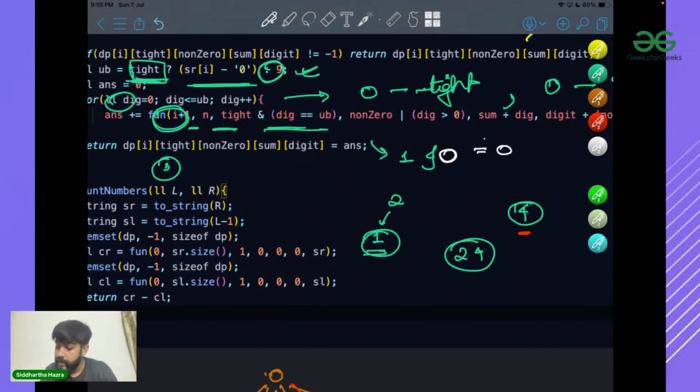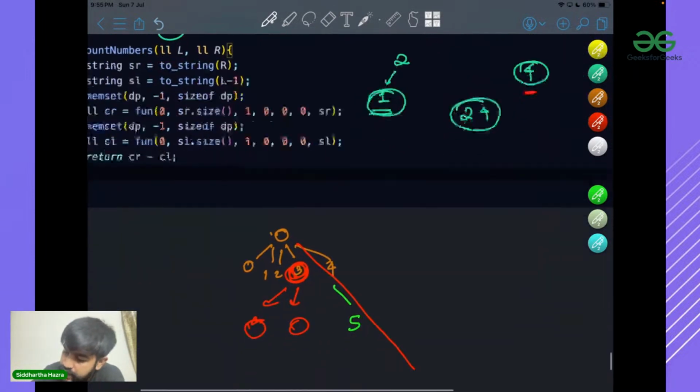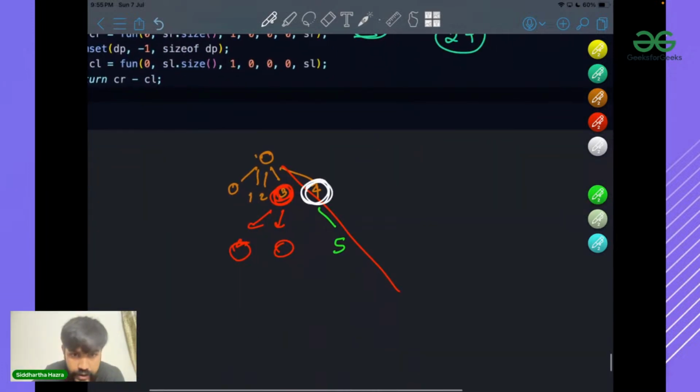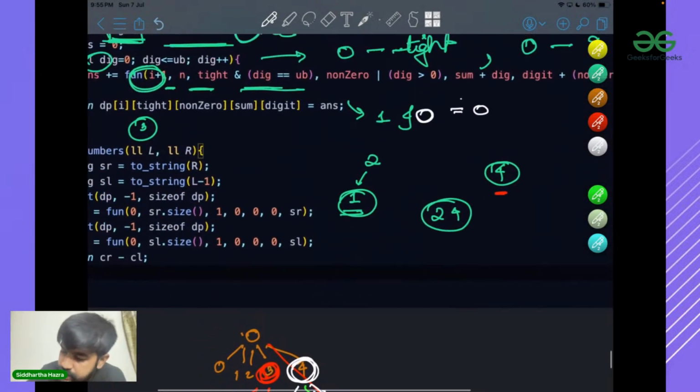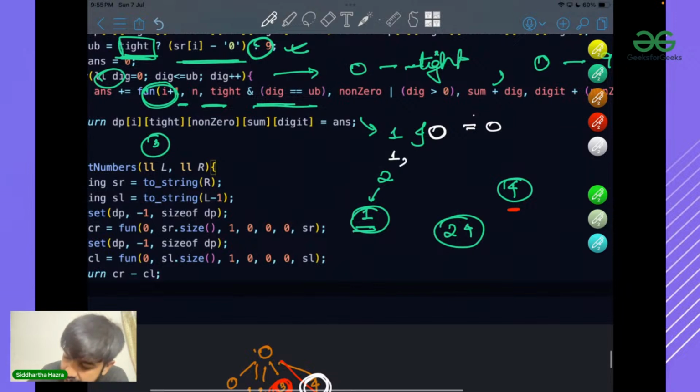But if I use the full potential and go to this 4, then we again have a tight to respect. Here I cannot move freely, I have a boundary. So if I use the full potential, this would be 1, and we would be passing on that we need to respect the boundary.